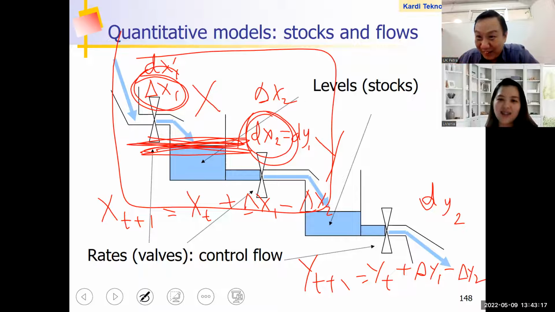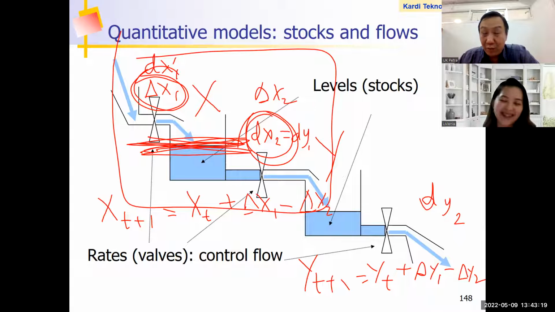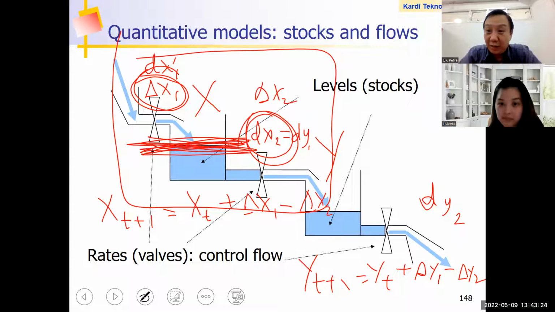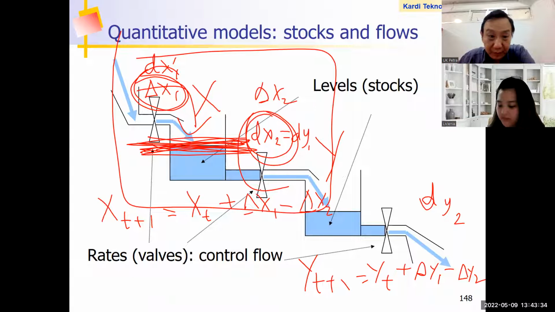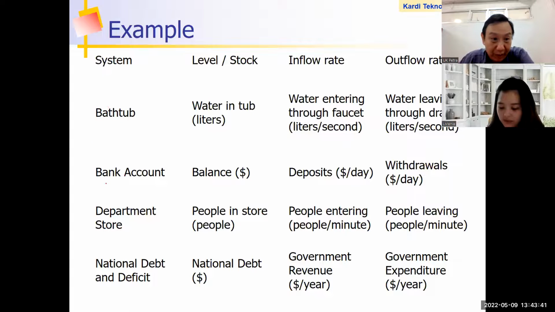Do you get it now? So if this is the level of inventory, right? So this is your order, right? This is the one that sold, going out, meaning you already sold out. So now you can model anything. Now this is an example.